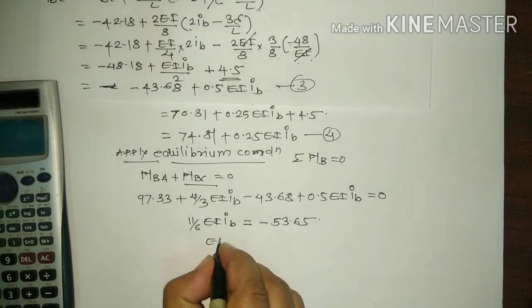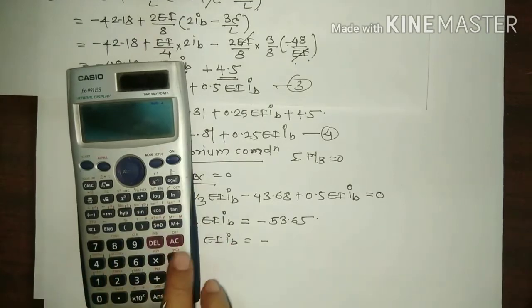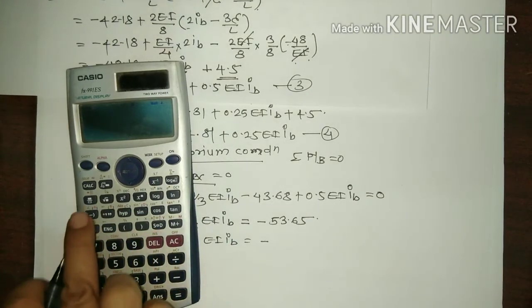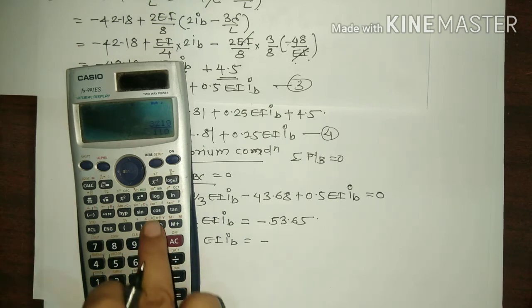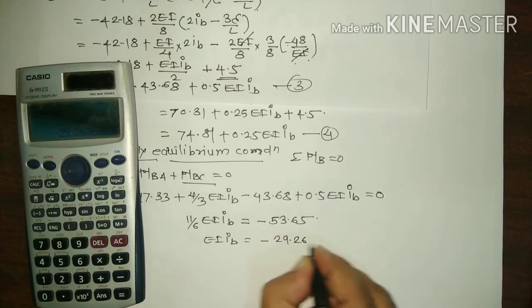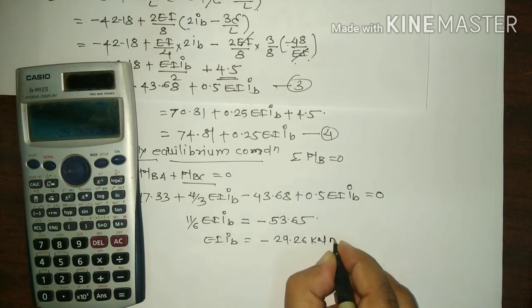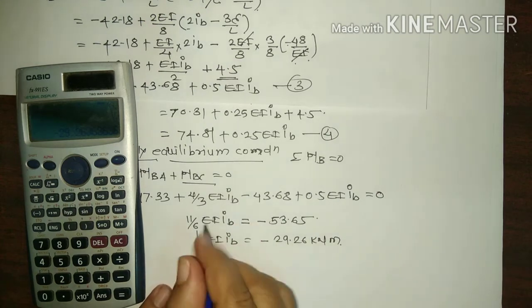So IB is equal to minus 53.65 into 6 divided by 11. So this becomes minus 29.26. So we got the value here, the unknown displacement.